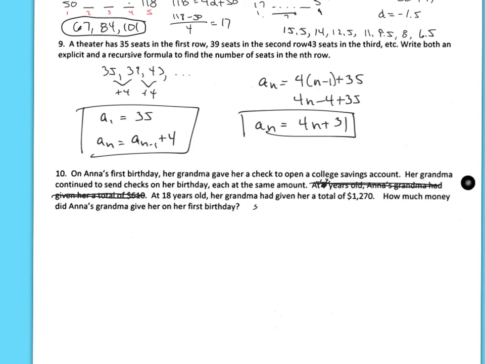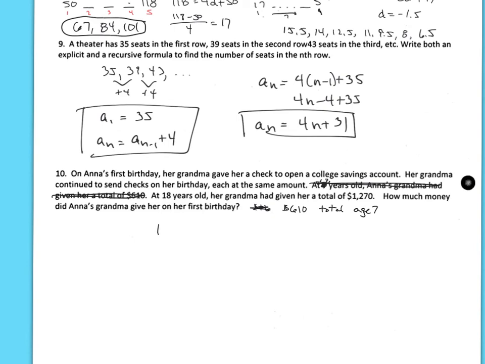The 610 was the total for age 7. All right, so that's a little messed up. So what do we know?